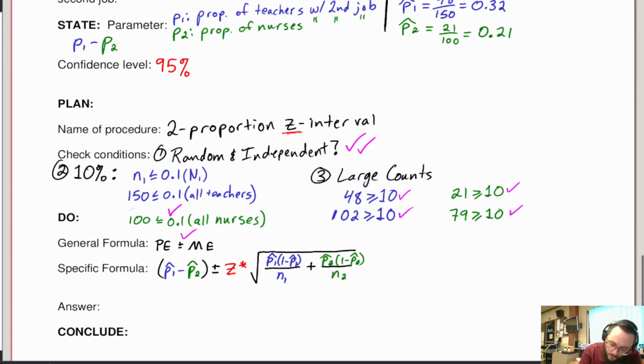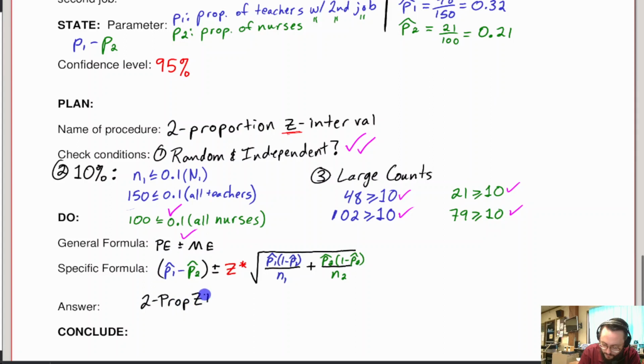Or we could do this, the 2-prop z interval. I'm going to put a couple things below it, kind of on the answer, because we're going to get the answer out of it.